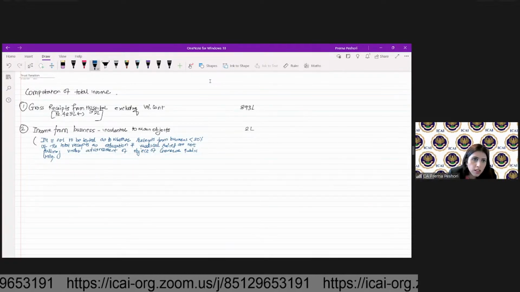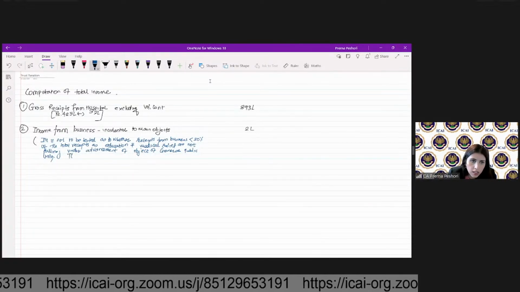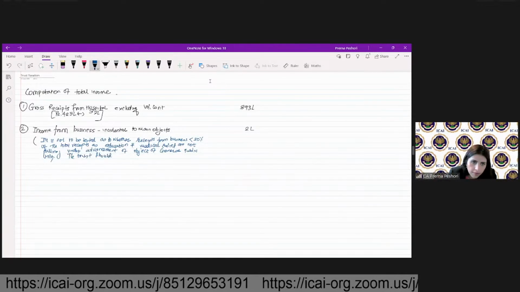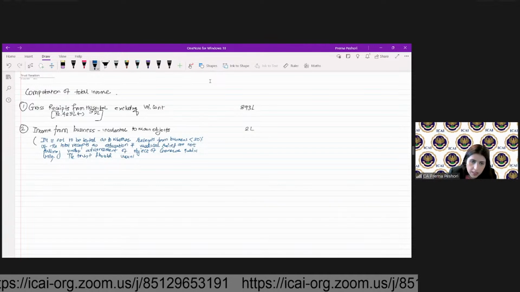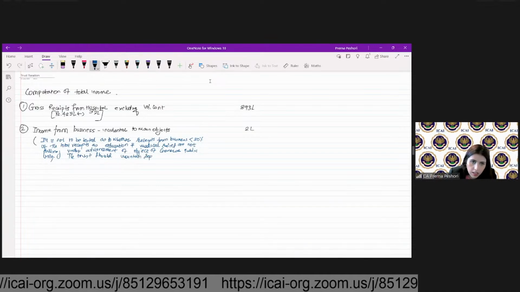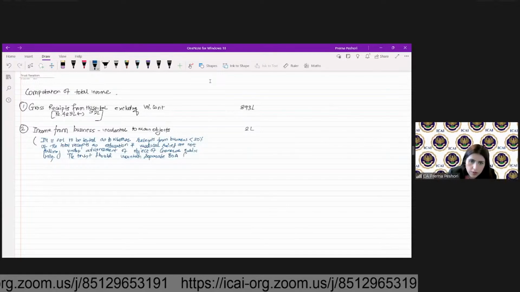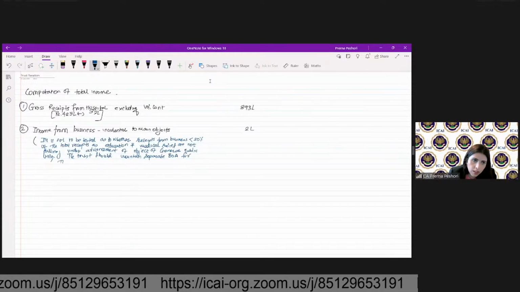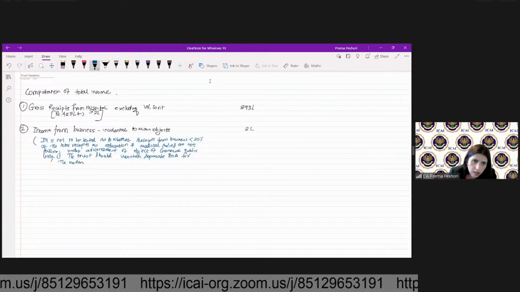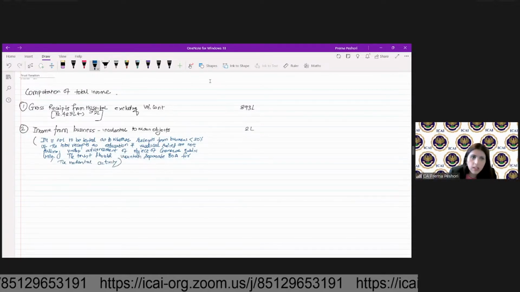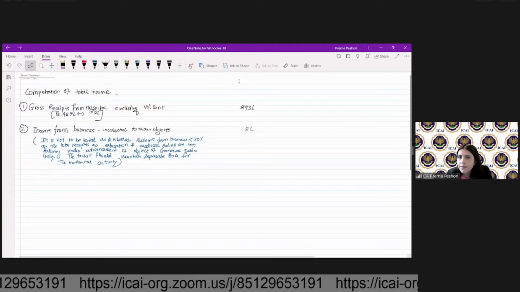Or you can just write, the trust should maintain separate books of accounts for the incidental activity. Are we clear? Yes or no? Okay. Now the third point.